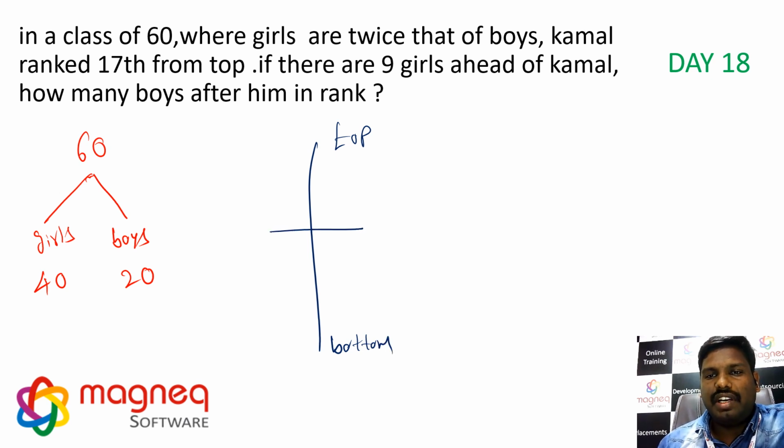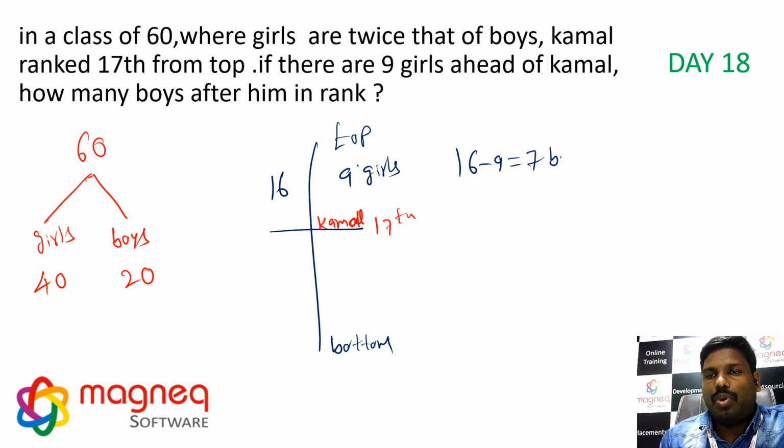Kamal ranked 17th from top, so before Kamal there are 16 persons. 9 girls means 16 minus 9, 7 boys.